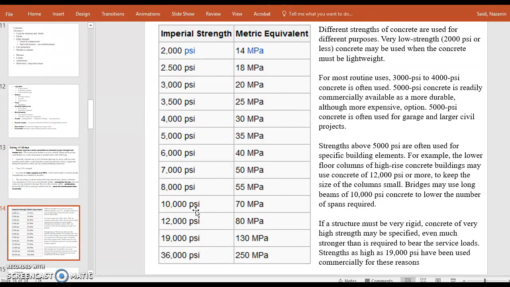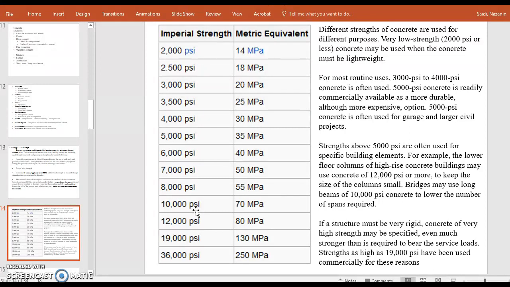Concrete strength is measured in pounds per square inch, PSI. So when we're not concerned heavily on the strength of the concrete, and we're doing just slab on the grade residential construction, 2,000 PSI is good. Once we get into parking garages, concrete slab that is structural, we get into 5,000 PSI.